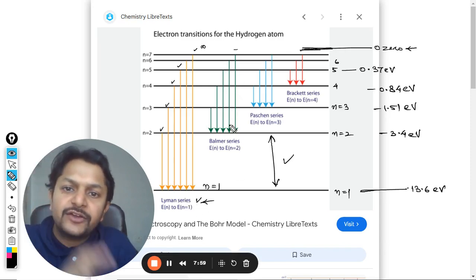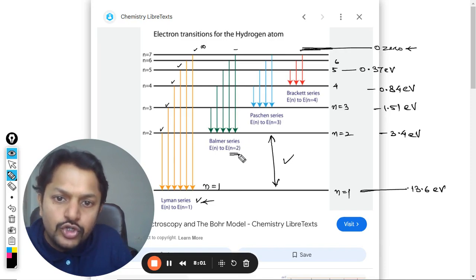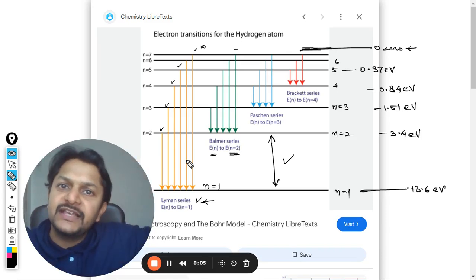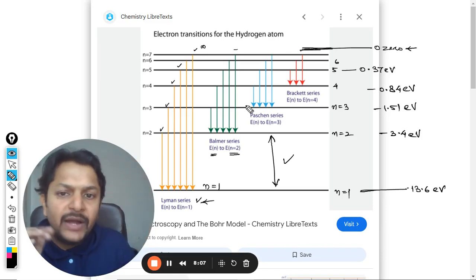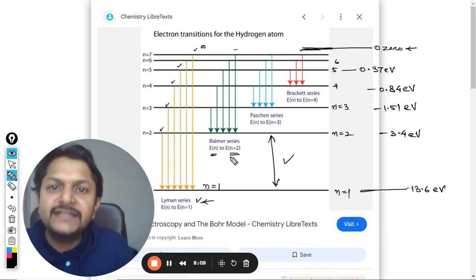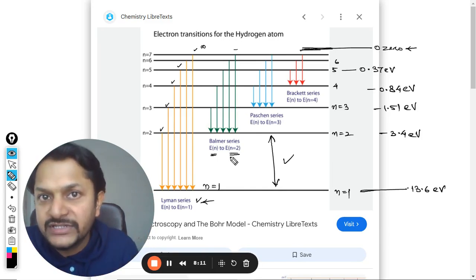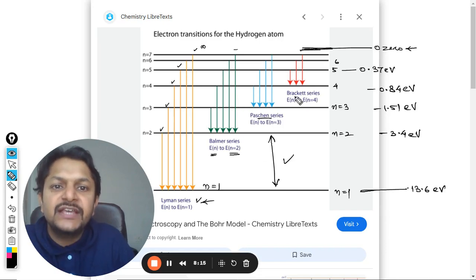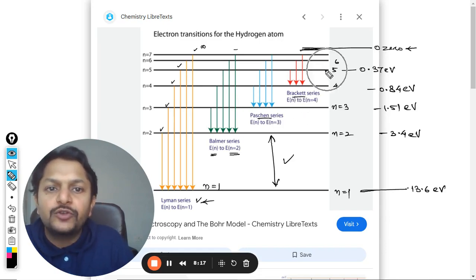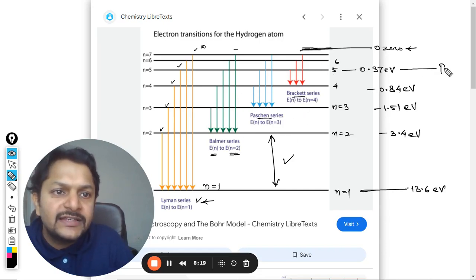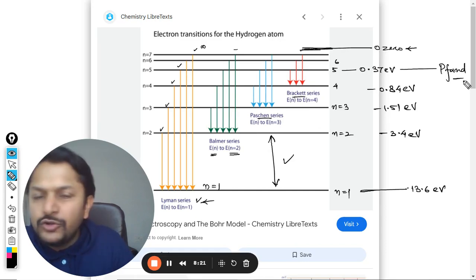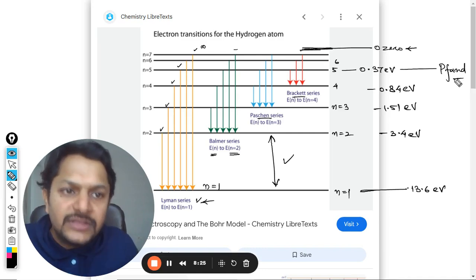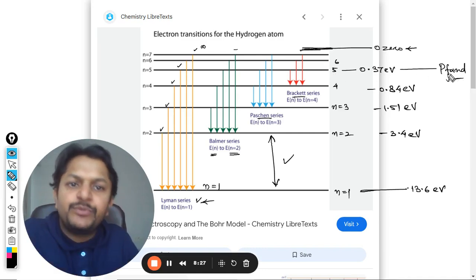Now when the electron is jumping into n equal to 2, but it is coming from any various n, it could be 3, 4, 5, 6, 7, it could be anything, but it is jumping into 2, these series are called the Balmer series. This series is given the name Paschen series, then Brackett series. If you're going into 5, this is known as the Pfund series.